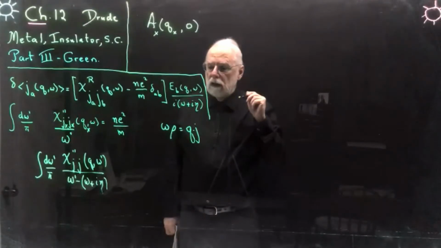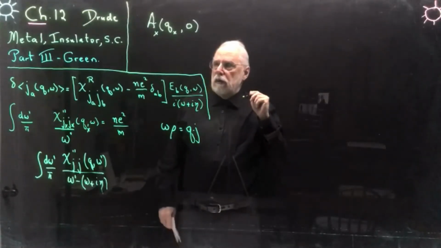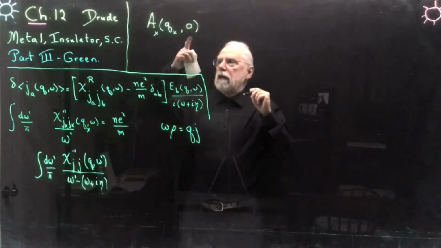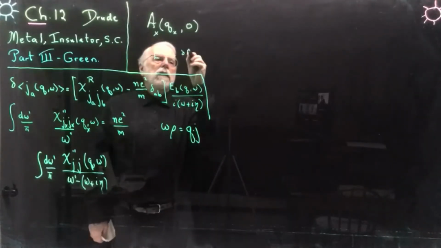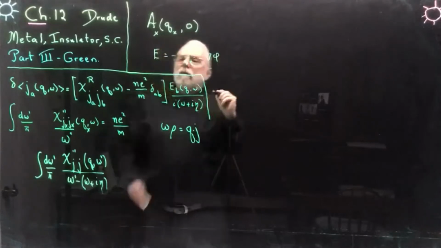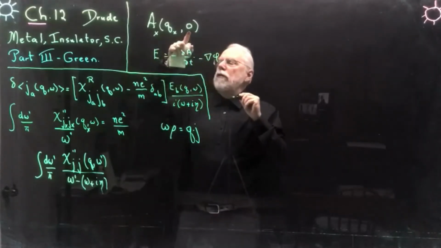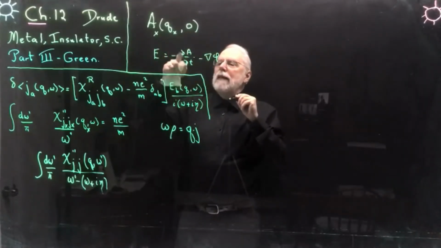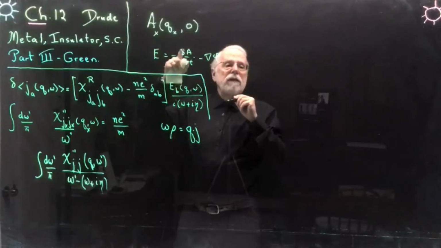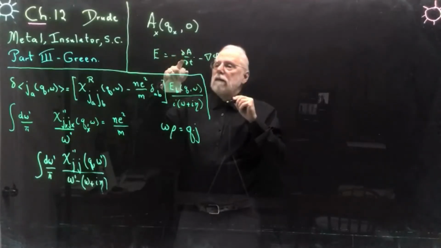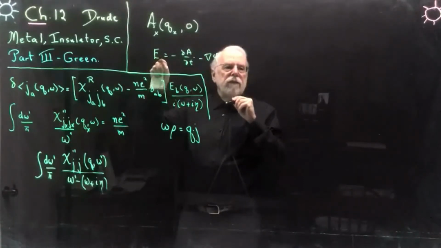Yes, I mean, you see, I remind you that the electric field is minus dA/dt minus grad phi. So if there's no frequency dependence, it means that it's time independent. If it's time independent, A cannot lead to an electric field.